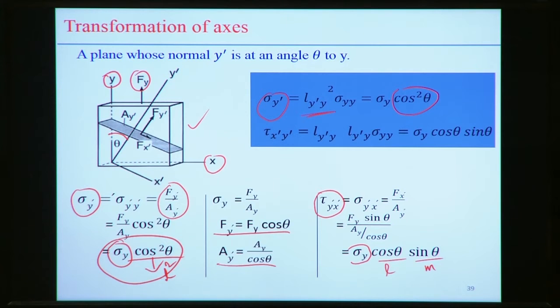Similarly, the shear stress can also be calculated with the new transformed axis, using two different direction cosines, cos theta and sin theta.